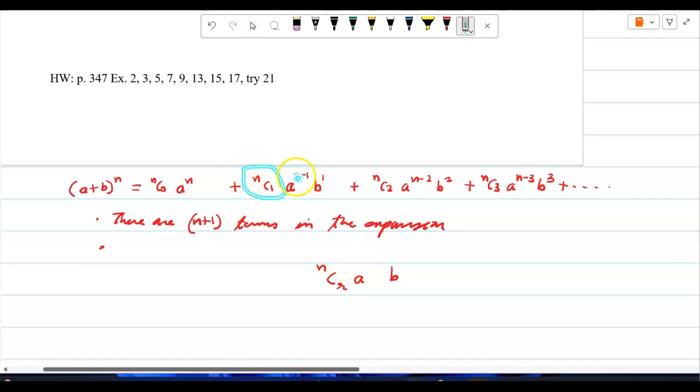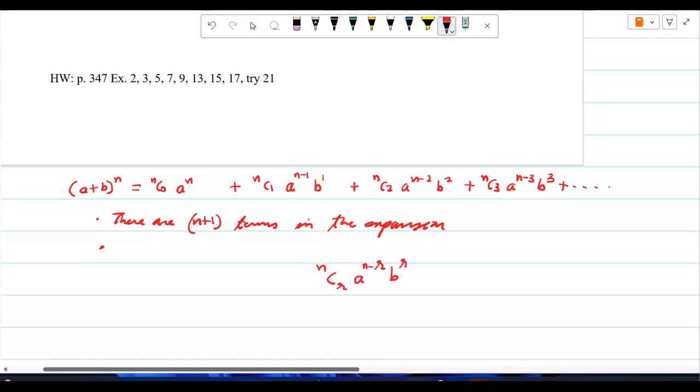It's nC1, a is raised to n minus 1. nC2, a is raised to n minus 2. So if nCr, a is raised to n minus r. Now, what is b raised to? Look at the top. If it's n minus r, then b is just r.